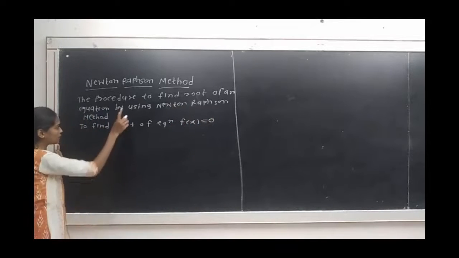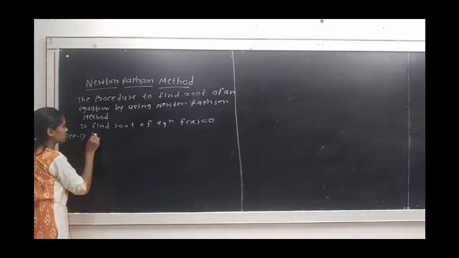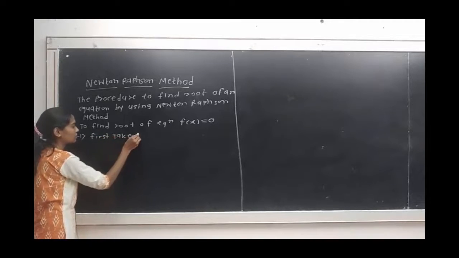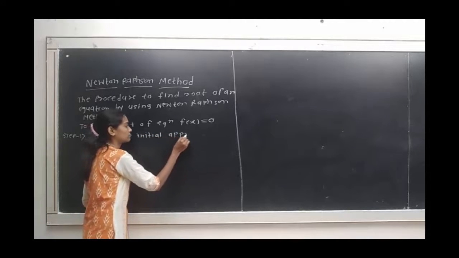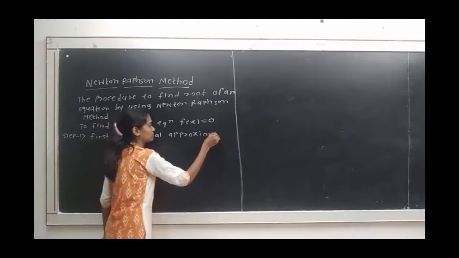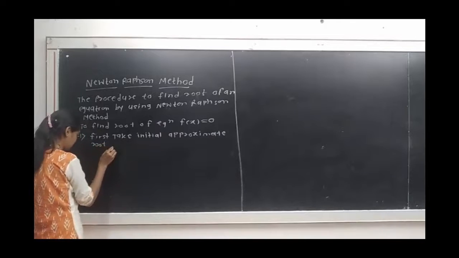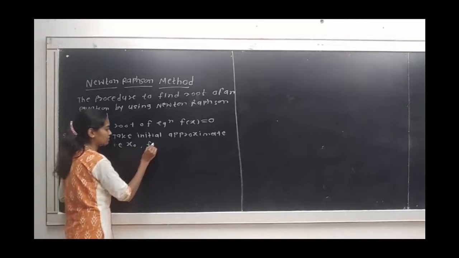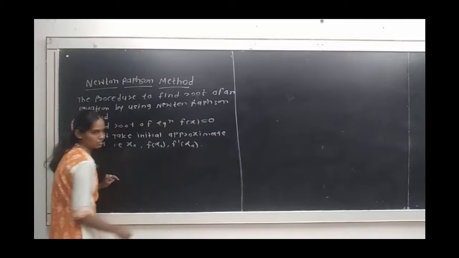By using the Newton-Raphson method, step 1 is: take the initial approximate root, that is x0, then find f of x0 and f dash of x0.